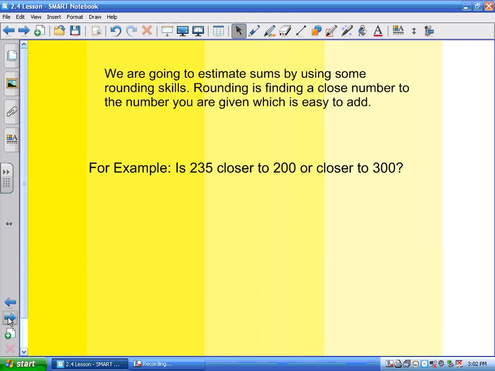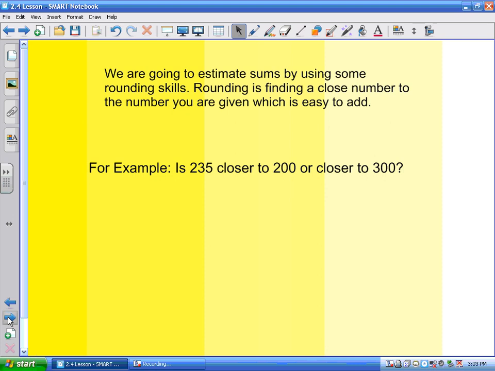All right? We're going to do estimates, so let's turn around, by using some rounding skills. Rounding is finding a close number to the number you were given, which is easy to add. So, for example, is 235 closer to 200, or is it closer to 300, Cole? 200. That's correct. It's closer to 200.